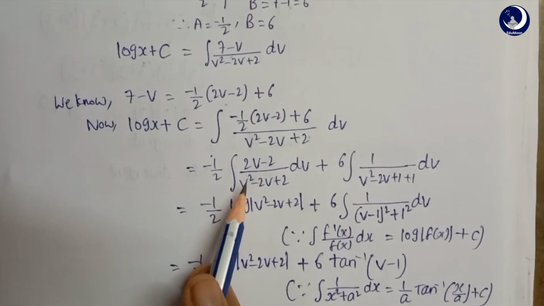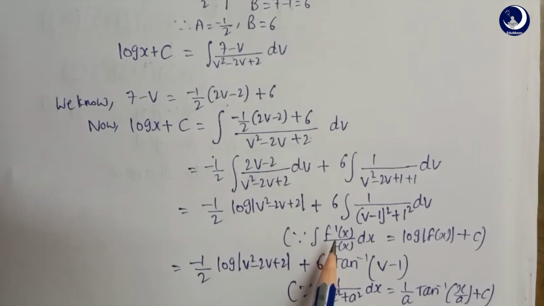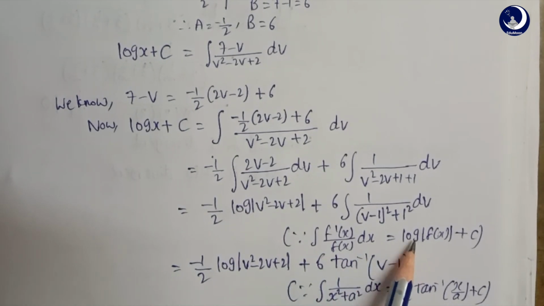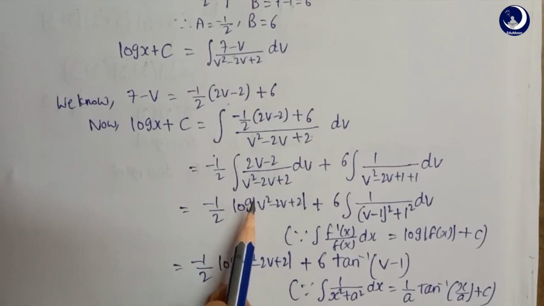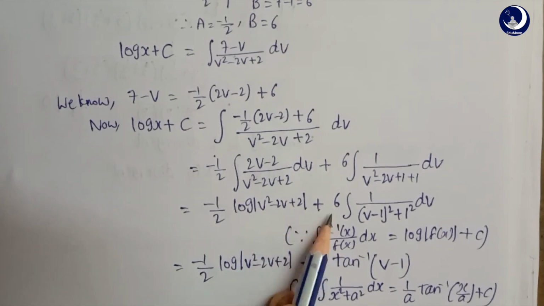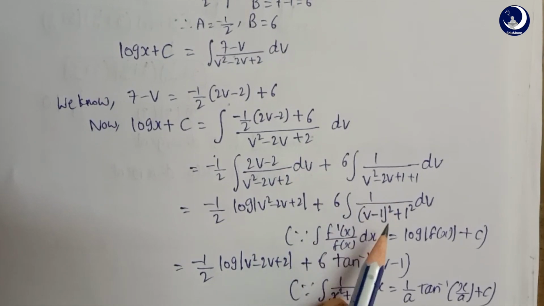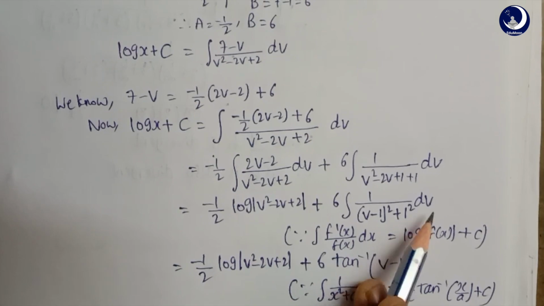If we see, by differentiating the denominator we get the numerator function. That means it is in the form of integral f dash x by f of x dx, which is log mod f of x plus c. So I took minus half into log mod f of x, which is v square minus 2v plus 2, plus 6 into, I consider v square minus 2v plus 1 as (v minus 1) whole square. So I got 1 by (v minus 1) whole square plus 1 square in dv.